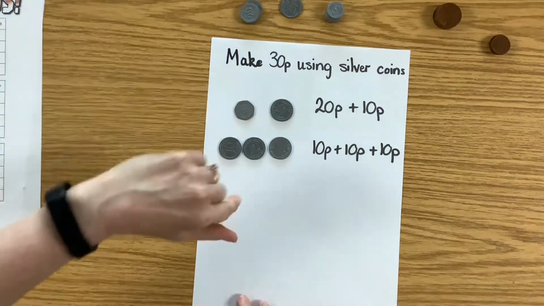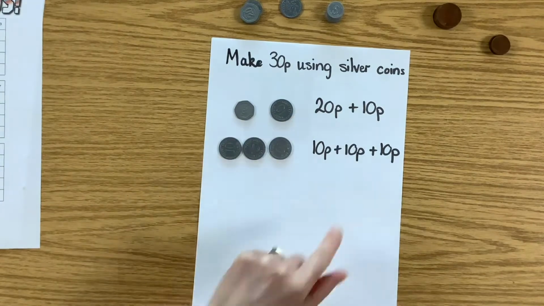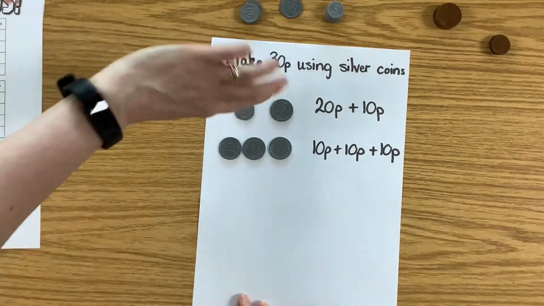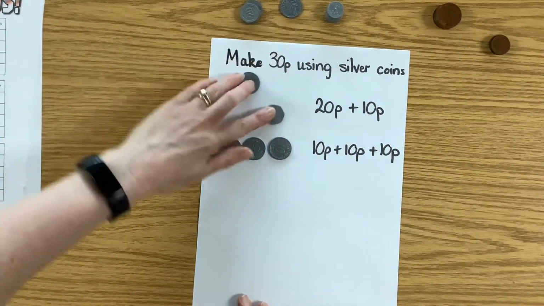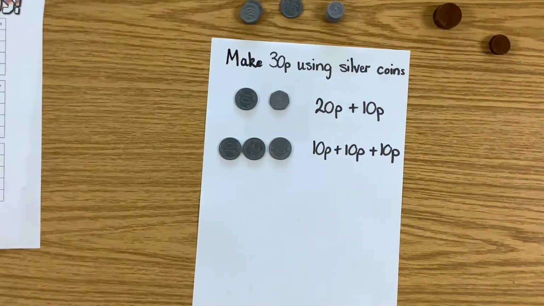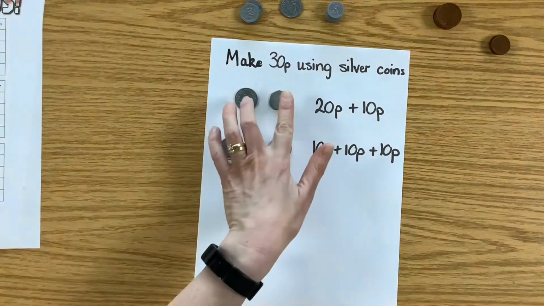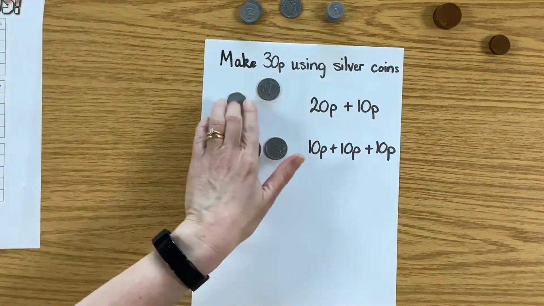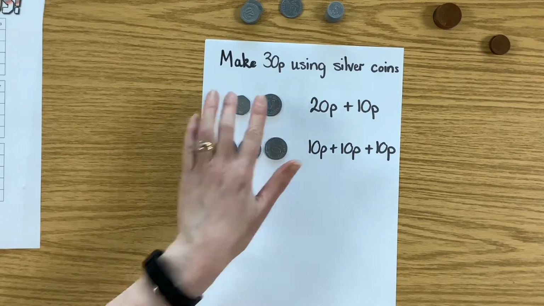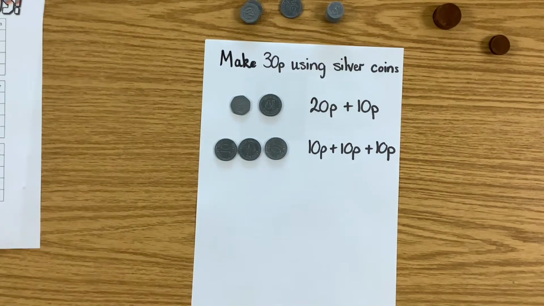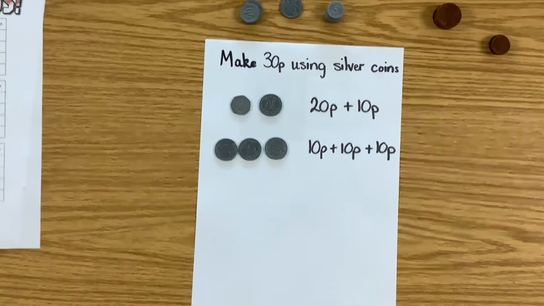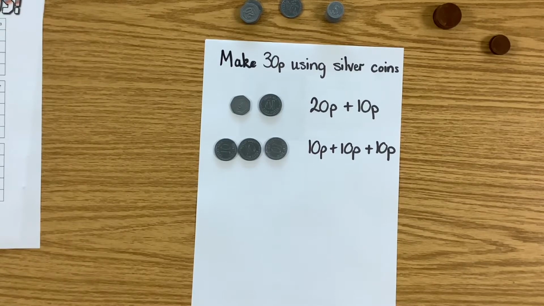Now, it's okay to do 20p and 10p, but then don't also do 10p and 20p, because that's exactly the same thing, okay? So it needs to be something completely different. So it's not okay just to swap the coins around. You need to find a different way of making it. So how many different ways can you come up with? Pause the video now, go and do some jotting down on a scrap of paper, and then come back in a moment when you've got your answers. Pause the video now.